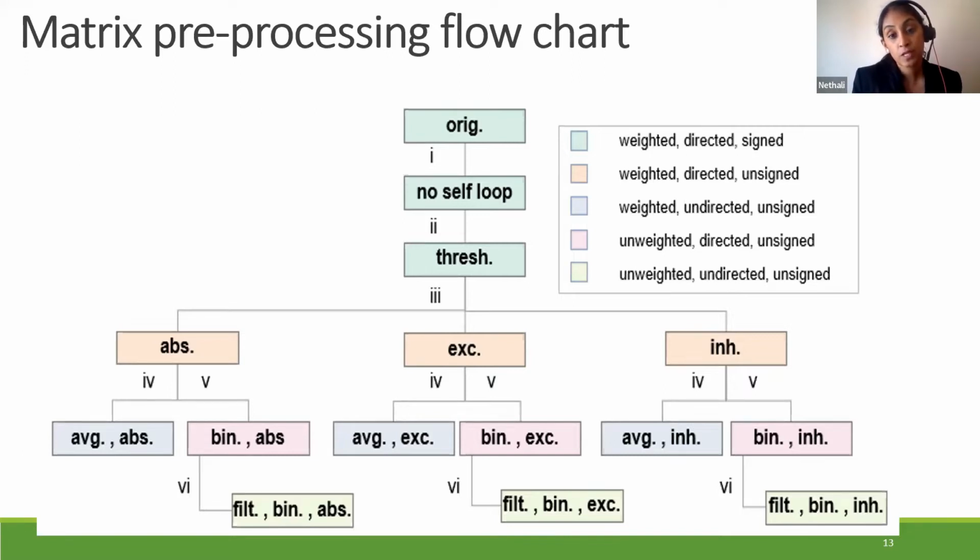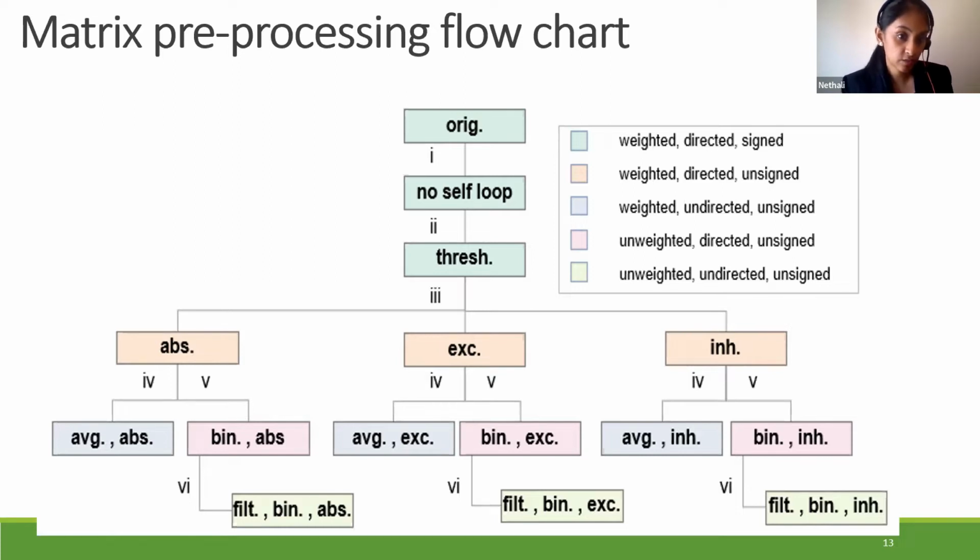But then again, you're going to take the absolute value of that matrix, because now that you know it's inhibitory links, you don't need the negative sign anymore. Once we have this, we find the average absolute value and the binary absolute value.